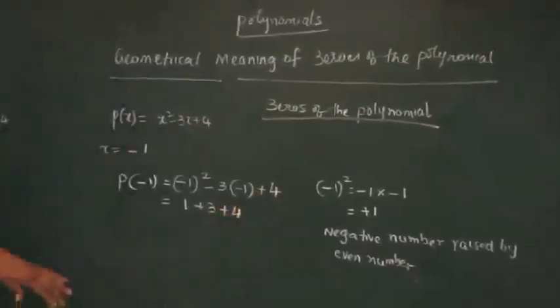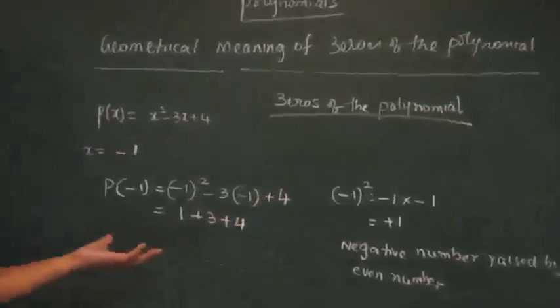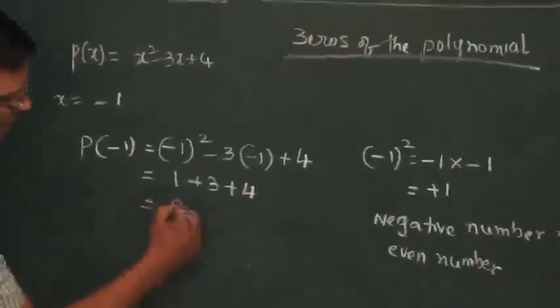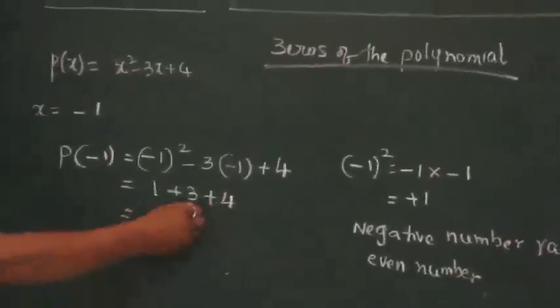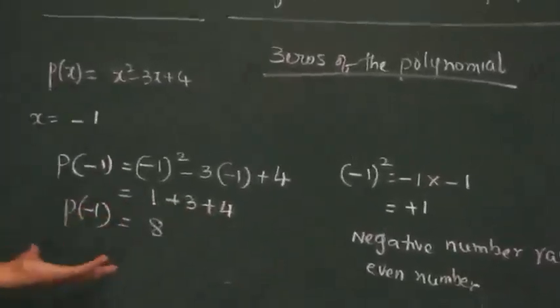So here we get the answer 8: 1 plus 3 is 4, 4 plus 4 is 8. So p of minus 1 is 8.